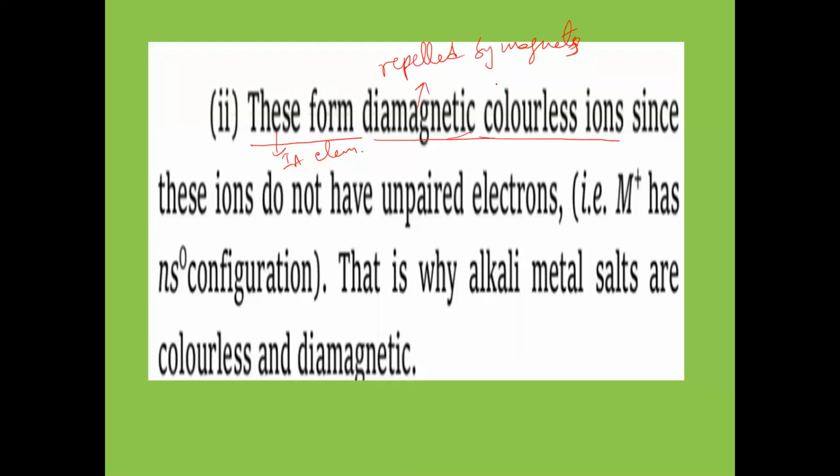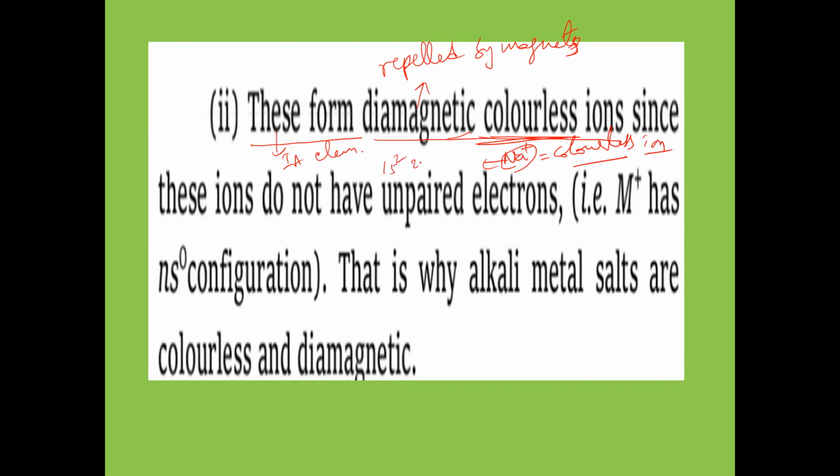If any substance is attracted by a magnet, it is a paramagnetic substance. So these form diamagnetic and colorless ions. Is Na plus colorless or colorful? Na plus is a colorless ion. And what configuration does the Na plus ion have?